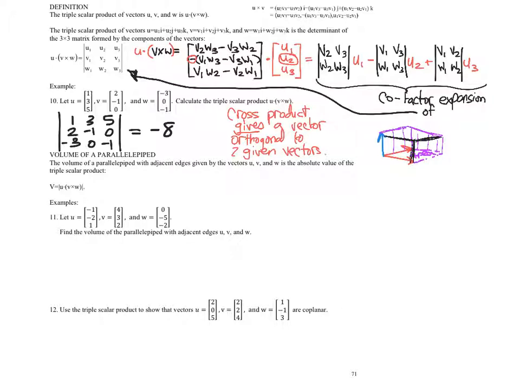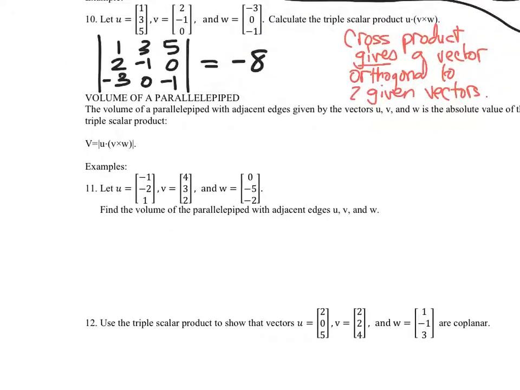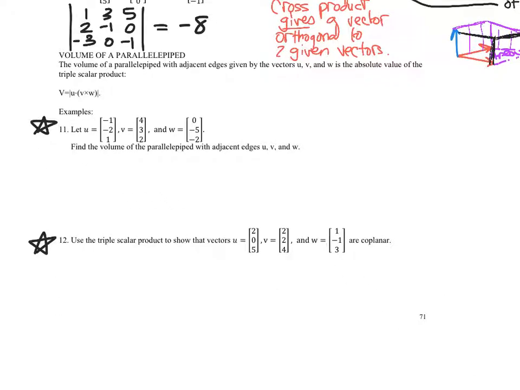So number 11 and number 12 just got a whole lot easier. Although number 12 is impossible if you have no idea what the word coplanar means.